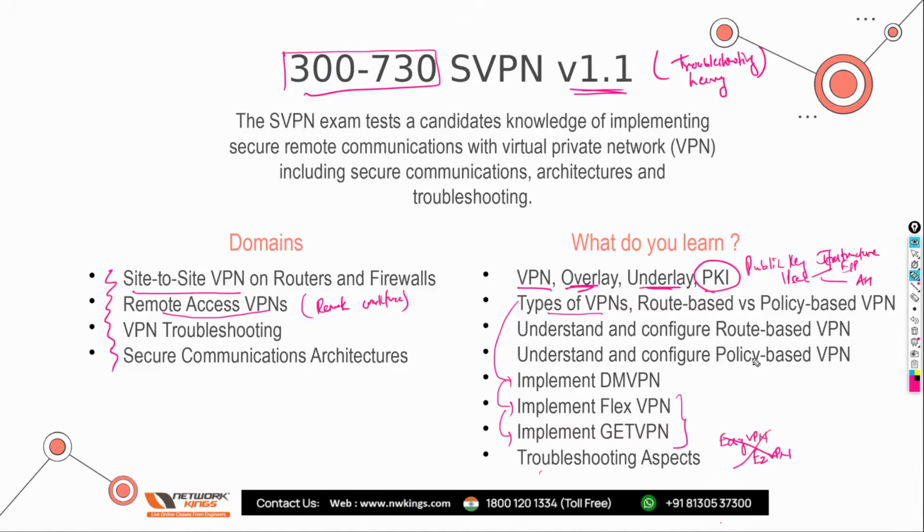You typically would want to know what route-based VPNs are, what policy-based VPNs are, and how you implement them. What the configuration looks like, what the logs look like, what the functionality is. And then obviously you have DMVPN, which I'm pretty sure a lot of you must have heard about.